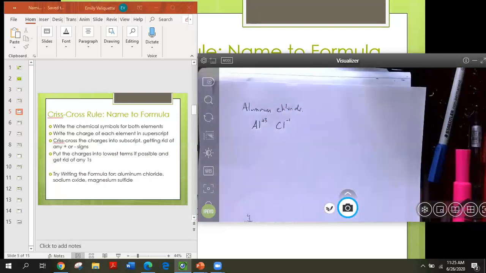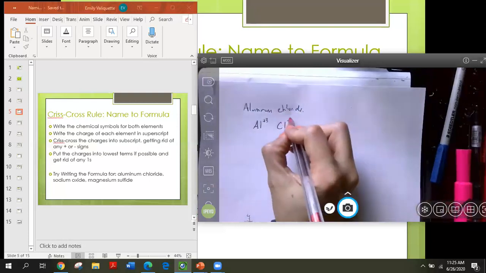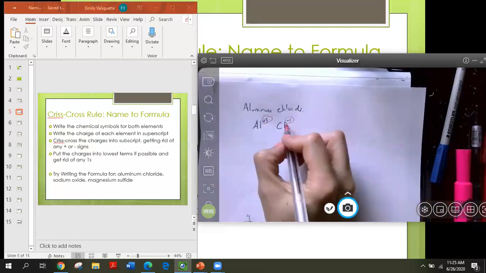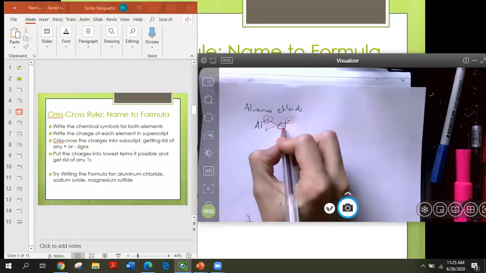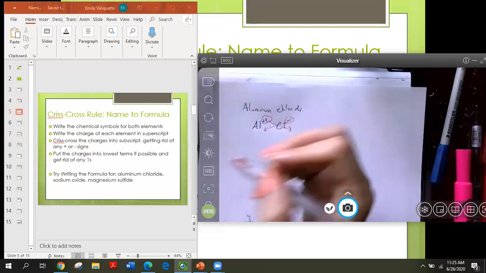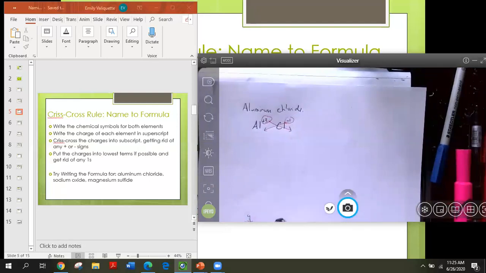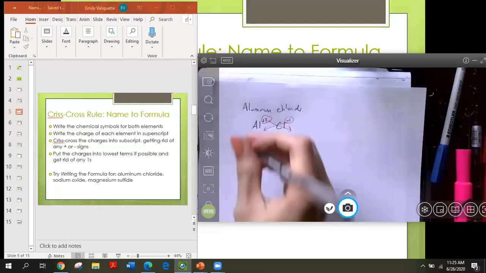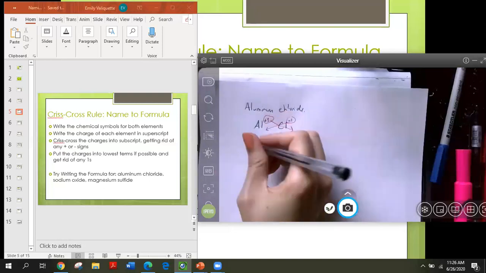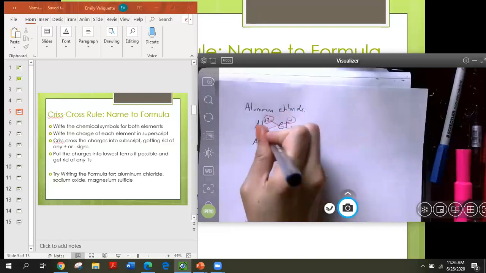And then the crossing over method just means that we take these charges and we cross them over to the other atom. So we end up with aluminum with a 1 and chlorine with a 3.